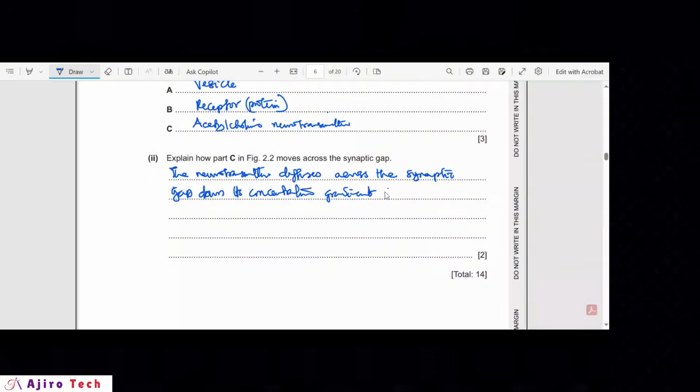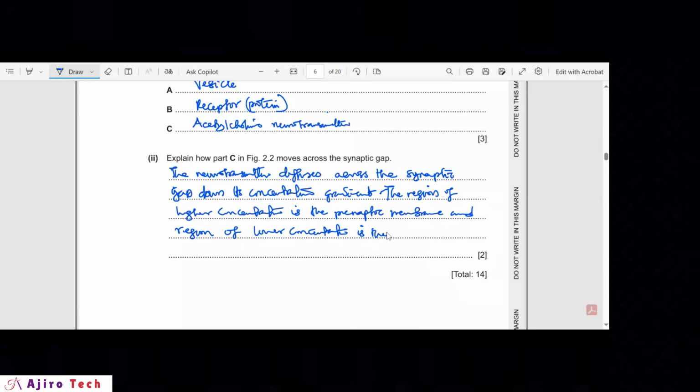So we know that the region of higher concentration is the presynaptic membrane, and the region of lower concentration is the postsynaptic membrane that contains the receptor.